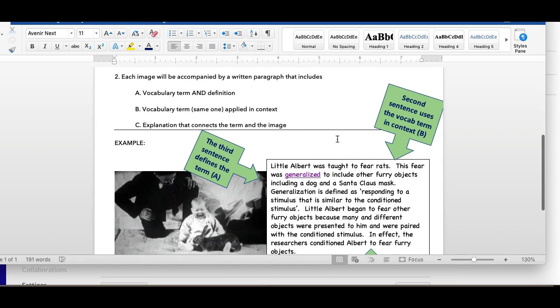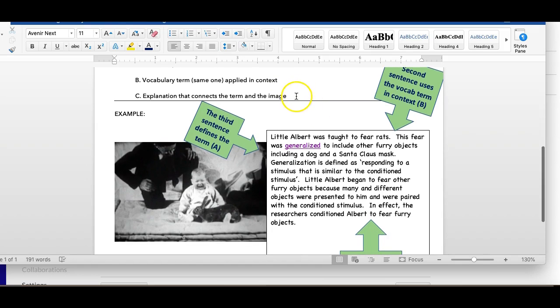And here is how your paragraph has to be written if you want to receive full points. It says each image will be accompanied by a written paragraph that includes a vocabulary term and its definition, the vocabulary term applied in context, and I'll show you what that means in a moment.